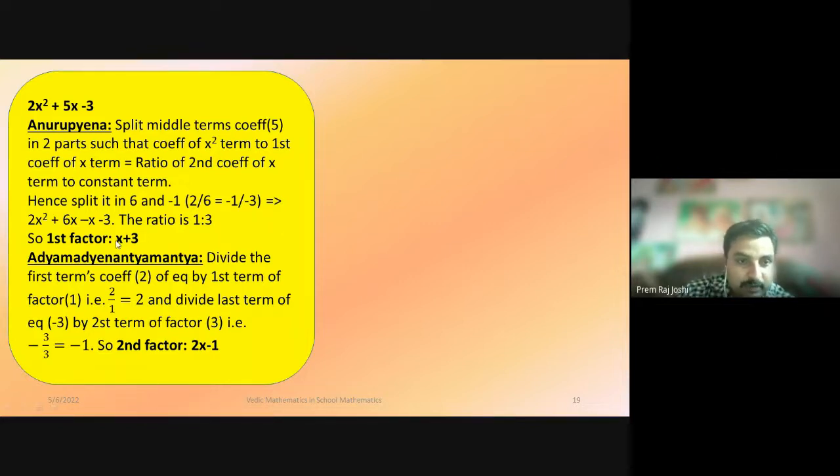We divide 2 by 1, we get 2, and we divide the last term, -3, by the constant term of the first factor, 3, and we get -1. So the other factor is 2x minus 1.